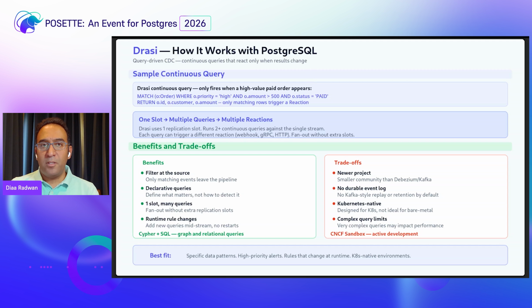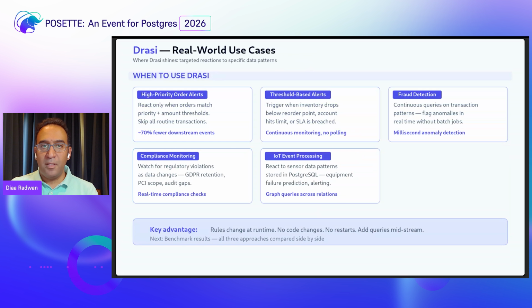Let's go to the use cases of Drasi: fraud detection, for example, SLA monitoring, dynamic business rules, and also multi-query fan out in conditional notification. It is similar to the case that we have where you want to email only VIP customers with high value orders.